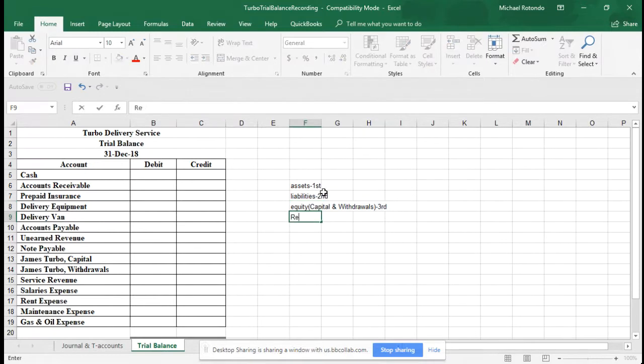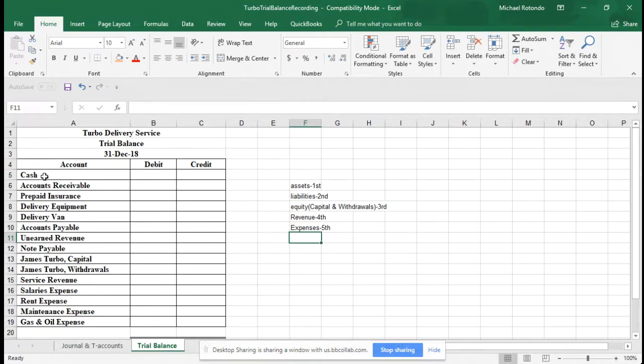Our revenue fourth. And our expenses fifth. Okay, so that's the order you'll see.